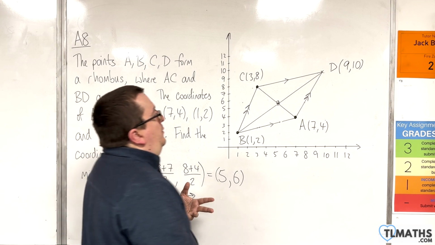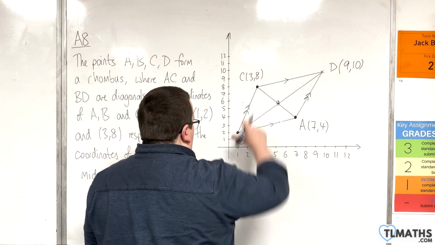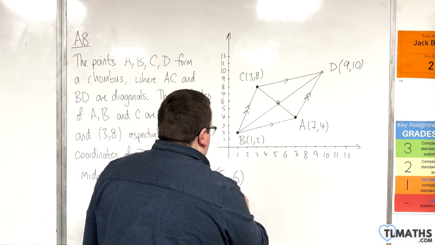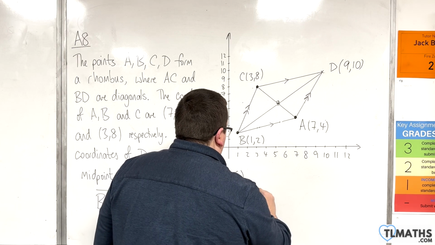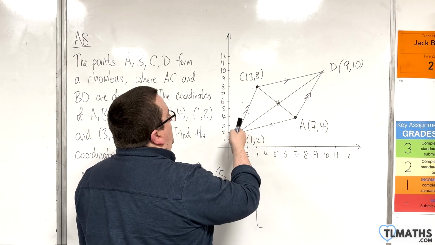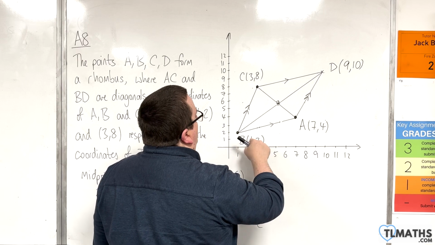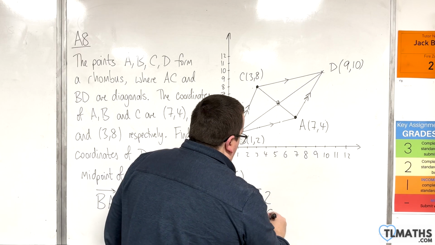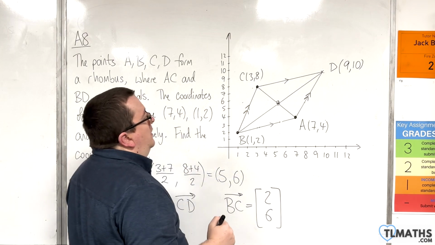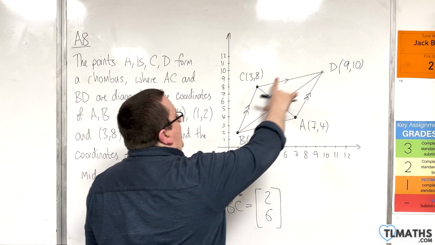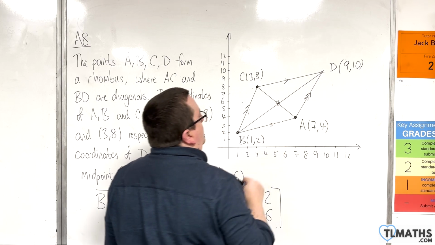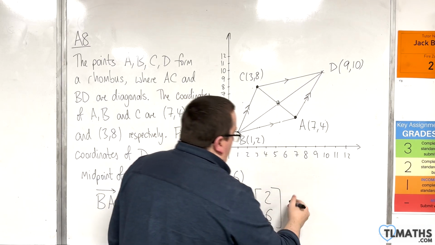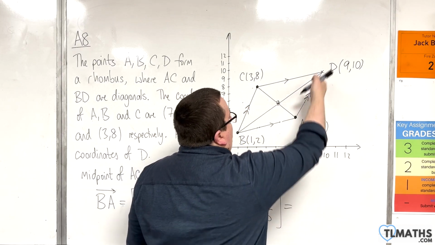You could equally use a vector approach instead, looking at B to C. So B to C is 2 along, so 1 to 3 is 2 along, and then from 2 to 8, 6 up. But because this vector is parallel to this one and they're the same length, that means that this vector has got to be the same as AD.